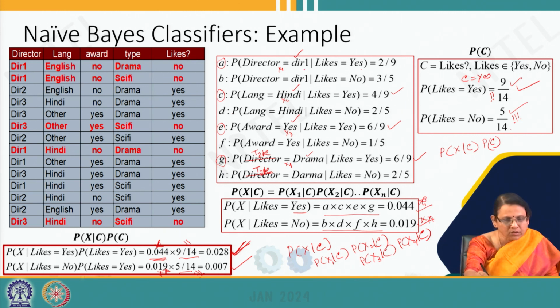For example, in case of director 1, how many times was director 1 there? Director 1 was here, here, here and here. Okay, in 5 places in fact. So out of these 5 places, in how many places was it yes and how many places was it no? So it was no here, no here, no here and there was a yes here.